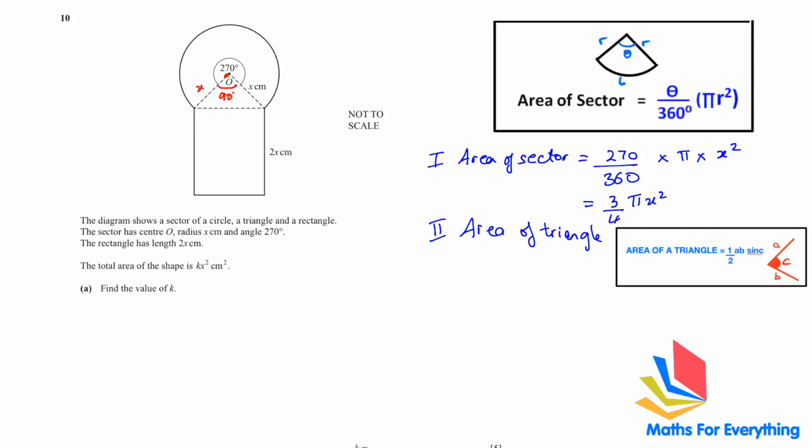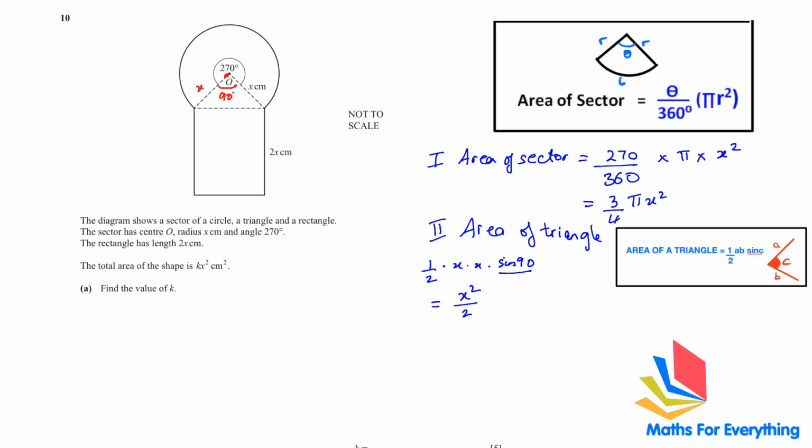The height has not been given to us. So this is what we are going to use. Half times x times x times sine 90. This will give us x square over 2. Sine 90, when you put in the calculator, you will get 1. So the second area is x square over 2.